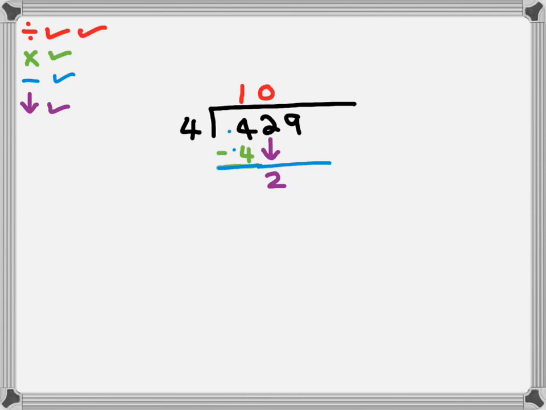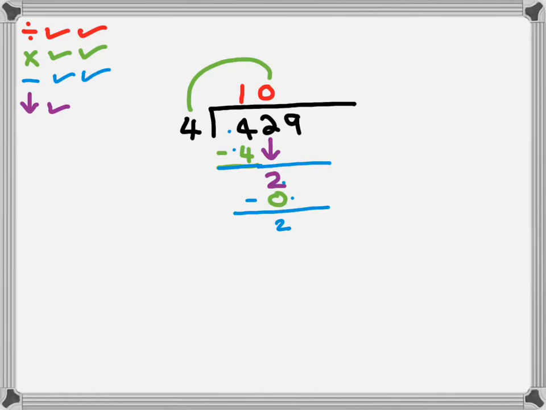Okay, now times step. 0 times 4, it's this 0 here, times 4. 0 times anything is 0. Okay. And then our minus step. 2 minus 0 is 2. Okay, done our minus step.